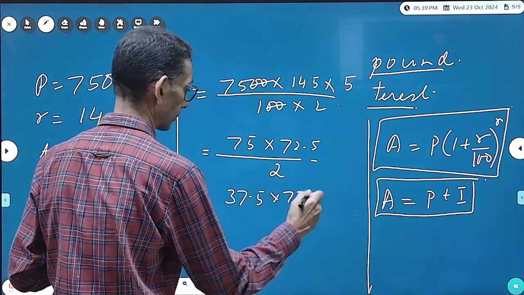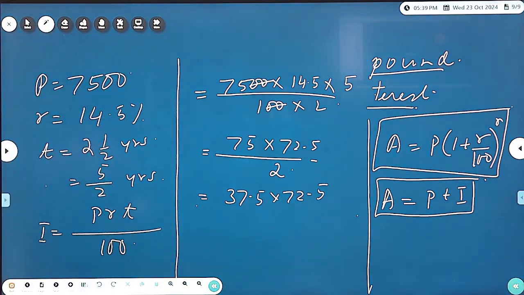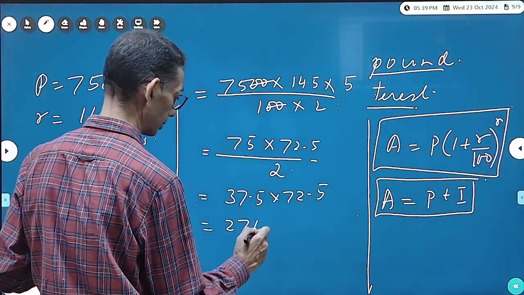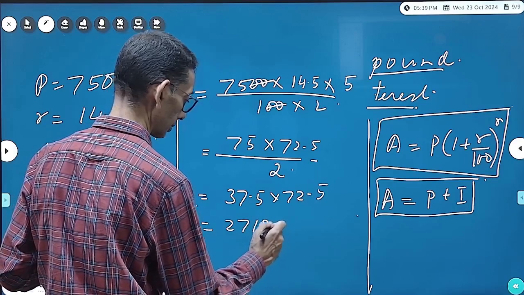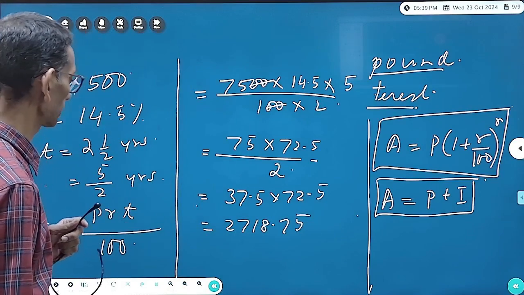Multiply into 72.5. You can use a calculator. That gives 2718.75. So this is the interest he has to pay.